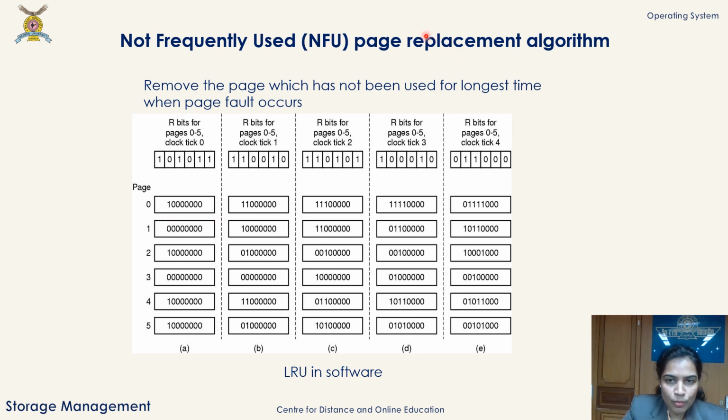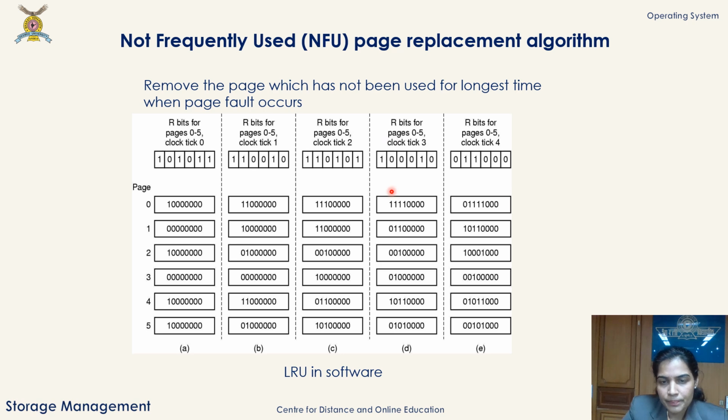So when a page fault occurs, the page with the lowest counter will be removed. You can see the diagram. In the final diagram, in case of a page fault and a page to be replaced, page number 3 has the lowest value.